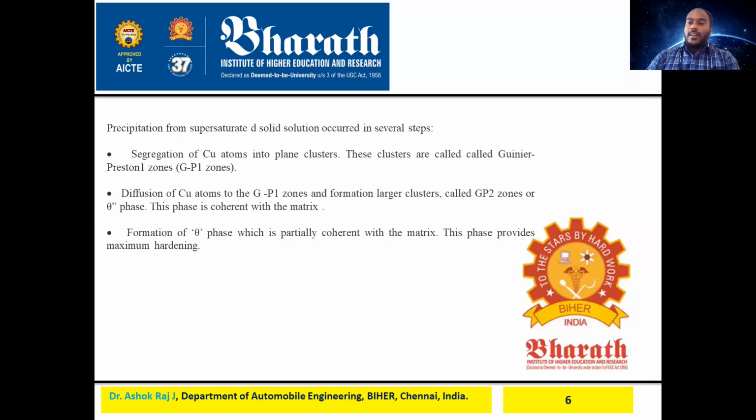Those clusters are called the Guinier-Preston zones, generally GP1 zones. Then diffusion of copper atoms to the GP1 zones forms a larger cluster called the GP2 zone or theta double-prime phase. This phase is coherent with the matrix.